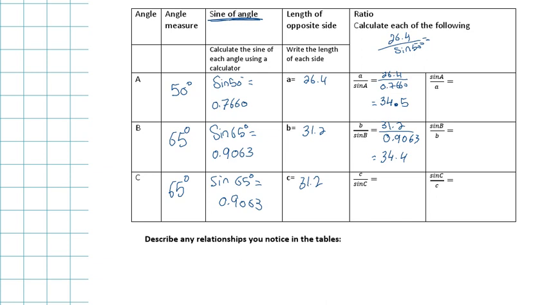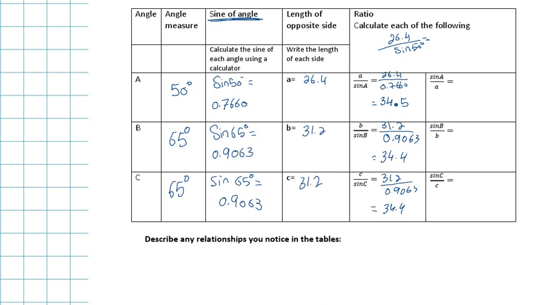Now what happens if I do 31.2 divided by 0.9063? About 34. These are neither degrees nor centimeters, just normal numbers.